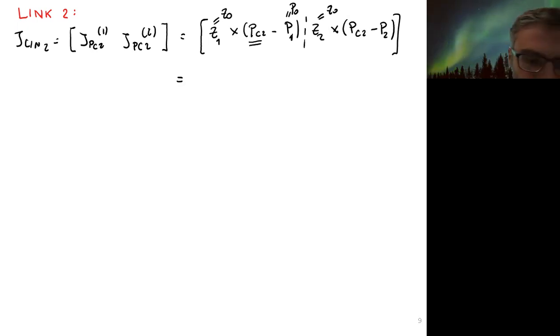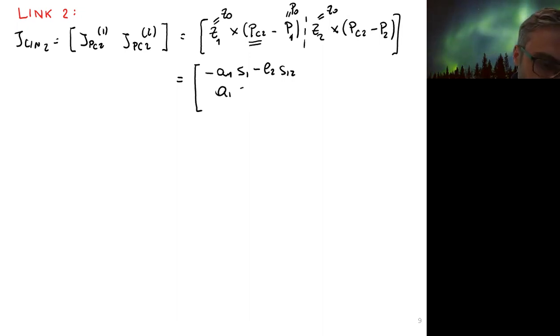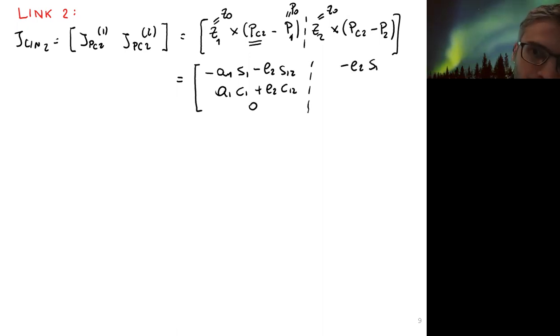Yeah, sorry about that, because people are using many different conventions, so sometimes we get confusion. And if we do the computation of this, we get a_1 s_1 minus l_2 s_12, a_1 c_1 plus l_2 cosine 12, 0, while for the second cross product we get l_2 cosine 12, 0.